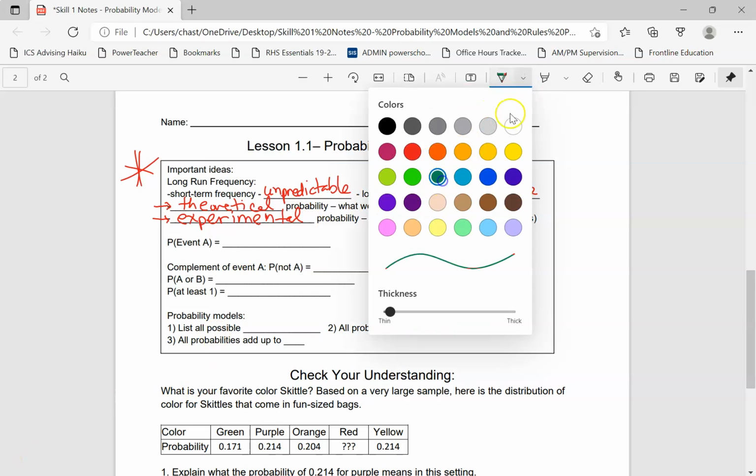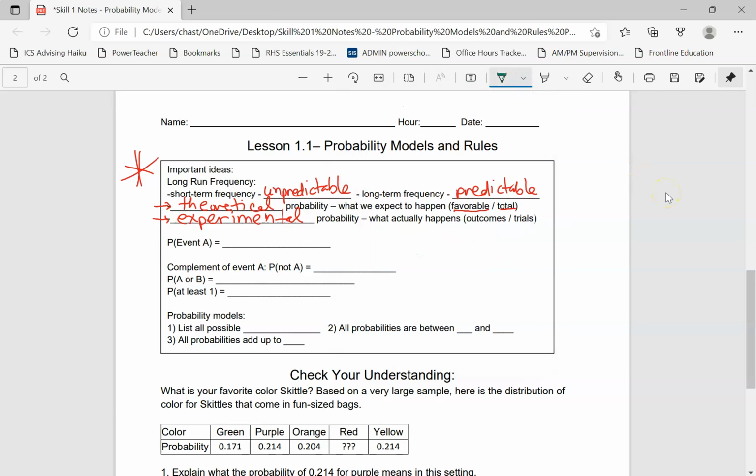All right, so now let's define what probability is. This right here is notation for probability of event A. When you see this notation P parentheses event A, P stands for probability. So this is just saying probability of event A, where event A just means something occurring.